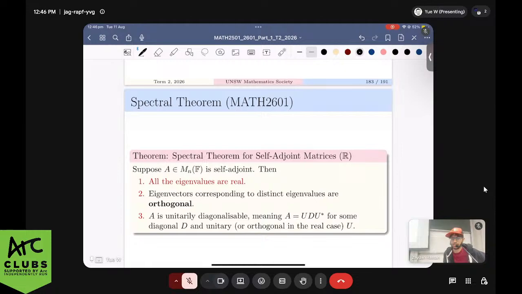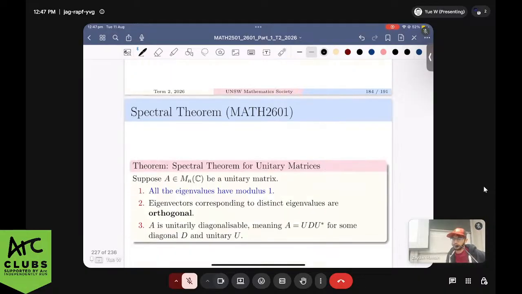For symmetric matrices, first of all the eigenvalues are real, distinct eigenspaces are orthogonal, and it's unitarily diagonalizable. But technically, if we're working with R, we could say it's orthogonally diagonalizable: Q D Q transpose.